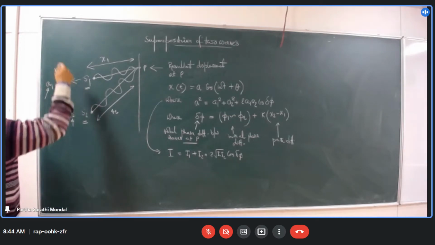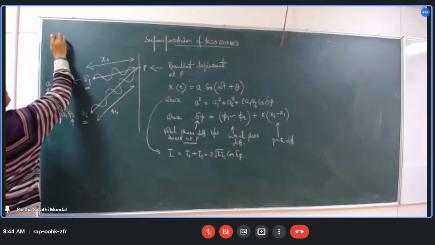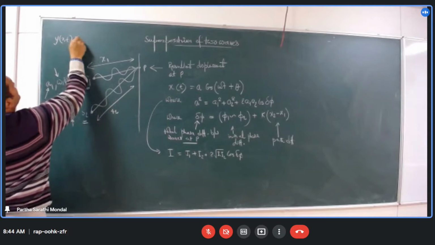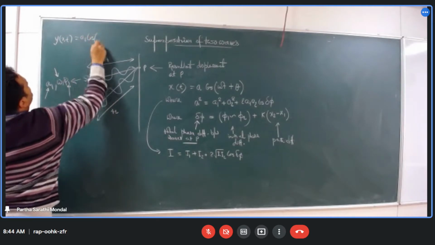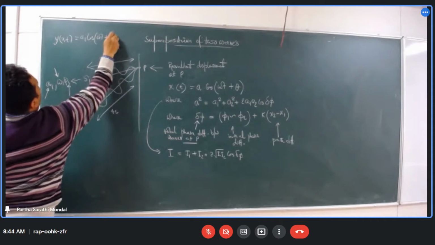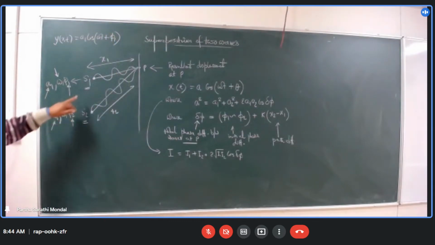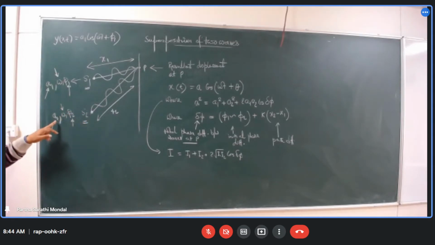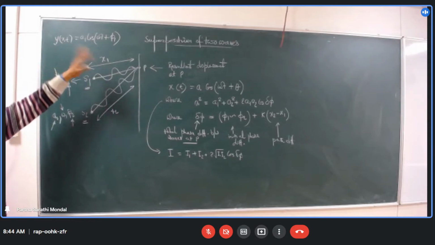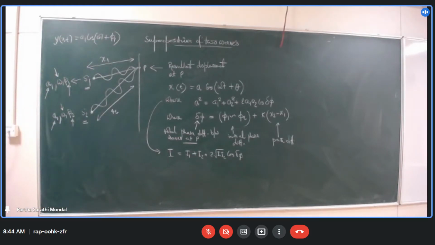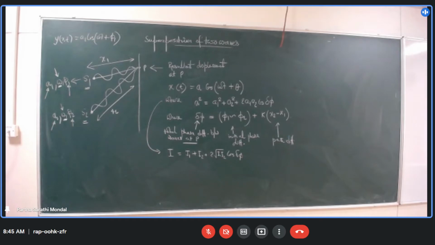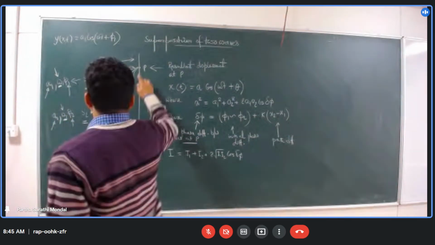We know that if I want to write the wave y(x,t), I can write A1 cos(omega t plus phi 1). Similarly, the wave coming out from the S2 source is A2 cos(omega t plus phi 2). So they have different amplitudes and different initial phases, but the frequency omega is the same. Now they are reaching point P.